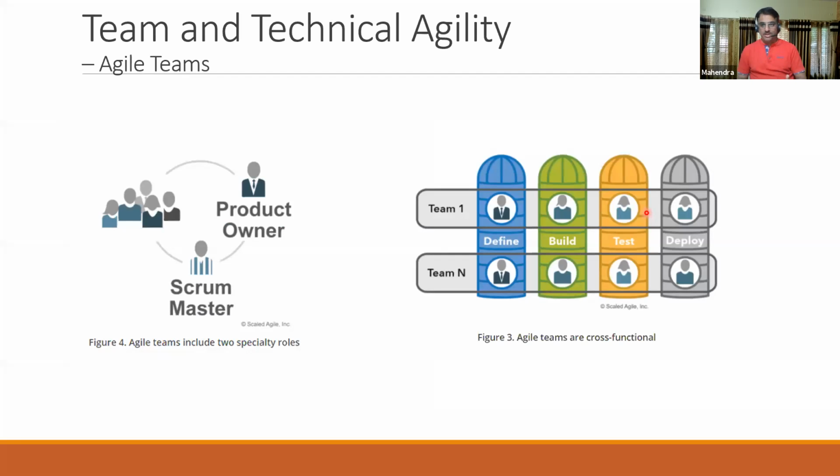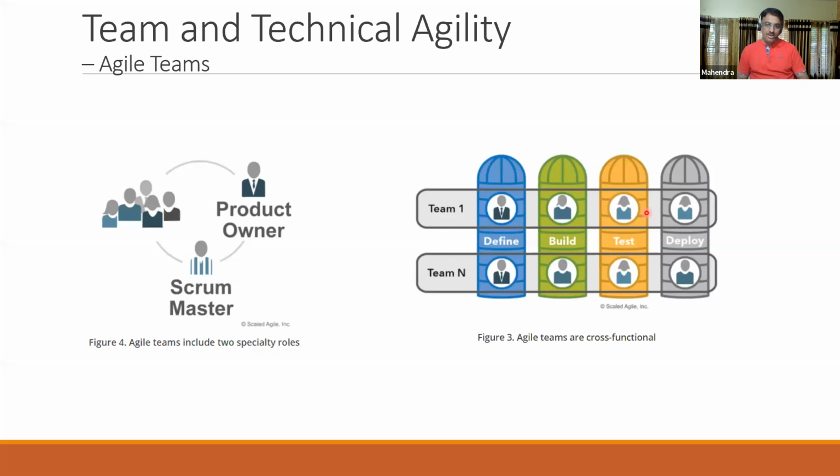The first dimension is about agile teams. This is the foundation. If we want to scale, we need to be really thorough on the fundamentals of the execution of Scrum and Kanban and the basic agile stuff. If we are not, then we might as well not make an attempt to scale using the Scaled Agile Framework. That's a sure shot recipe for failure.